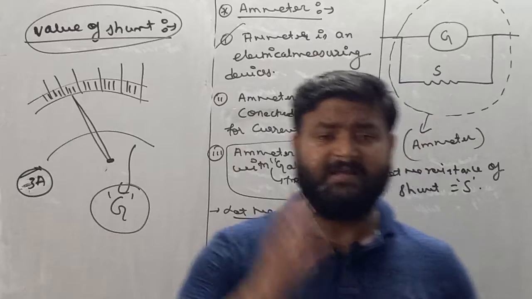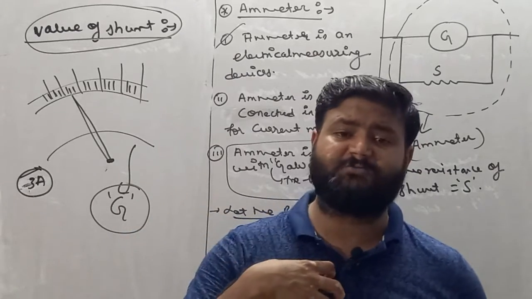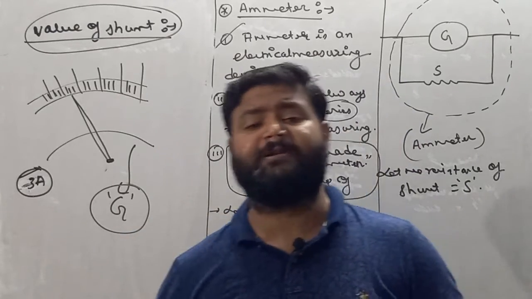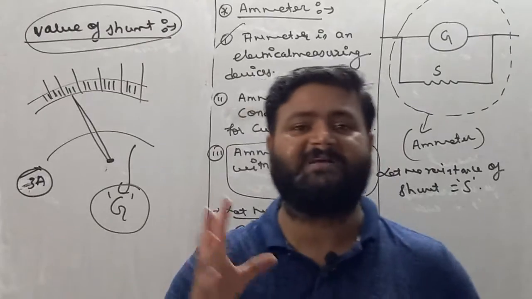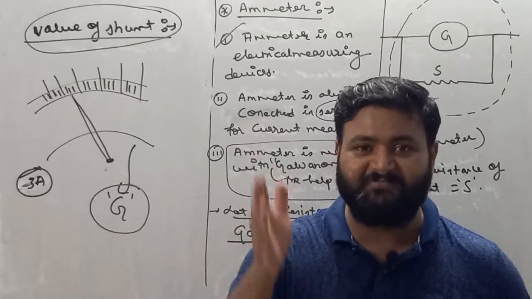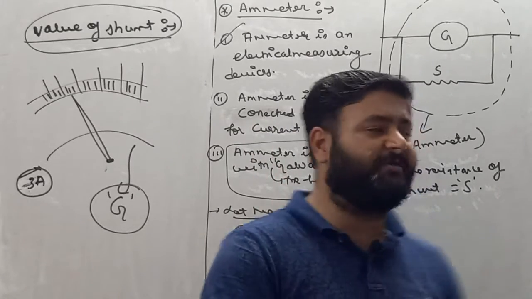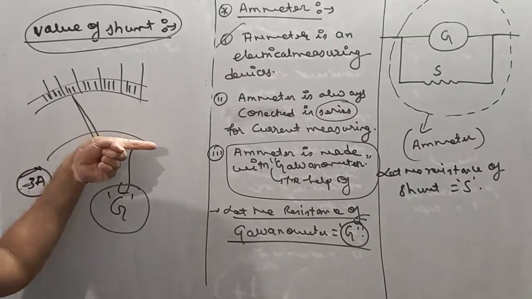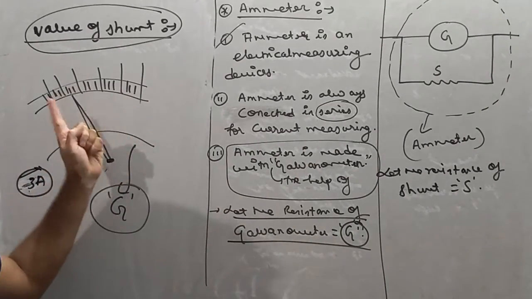So remember, every galvanometer has its own resistance, and every galvanometer has its own maximum deflection current. Maximum deflection current means the current at which the galvanometer shows full scale deflection.